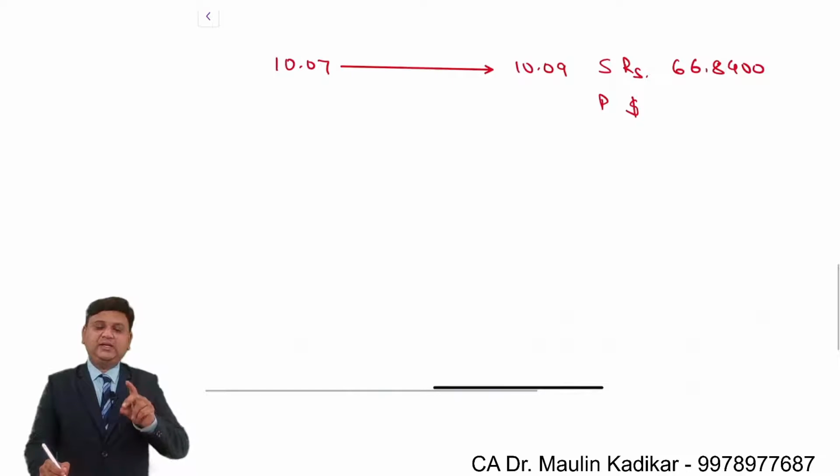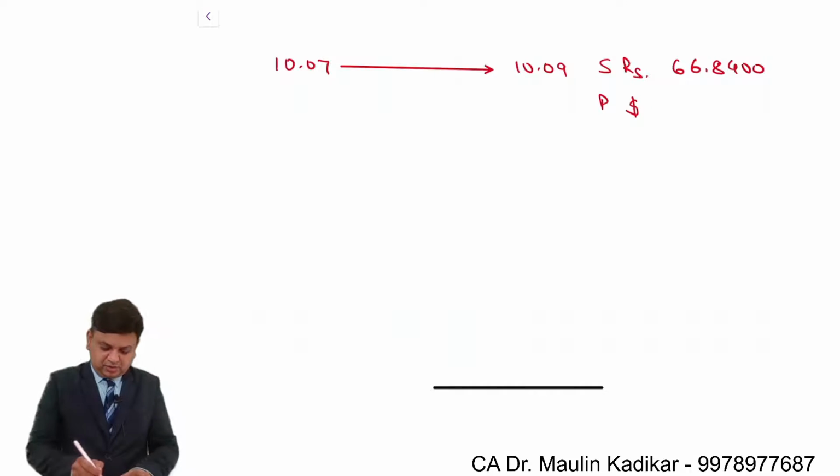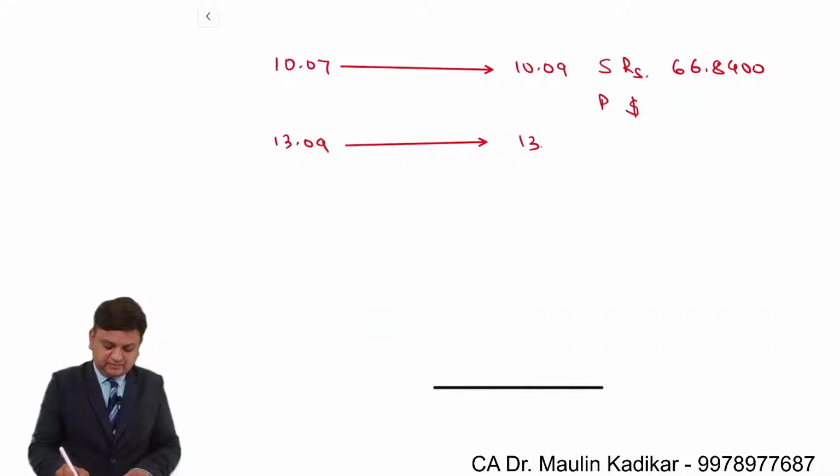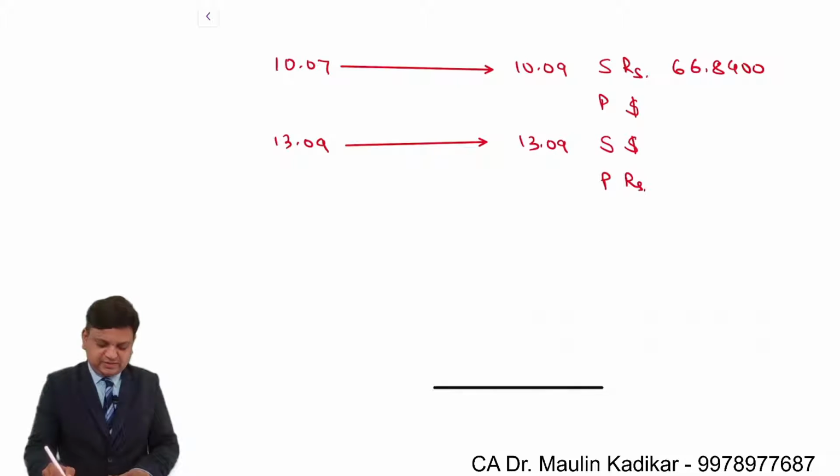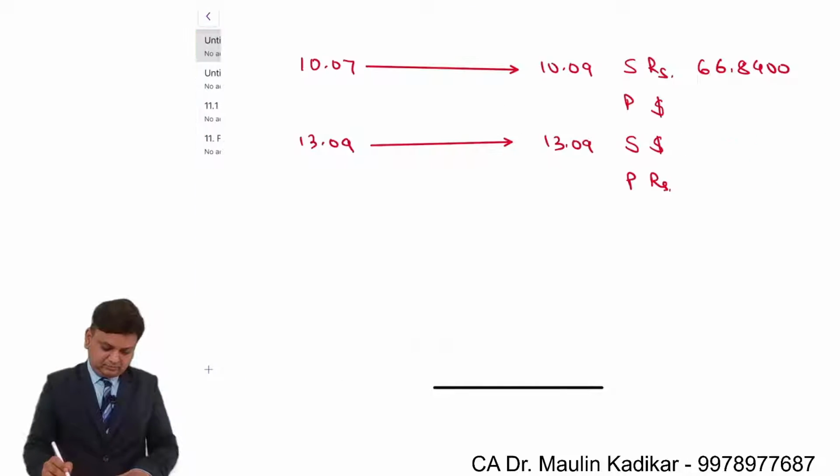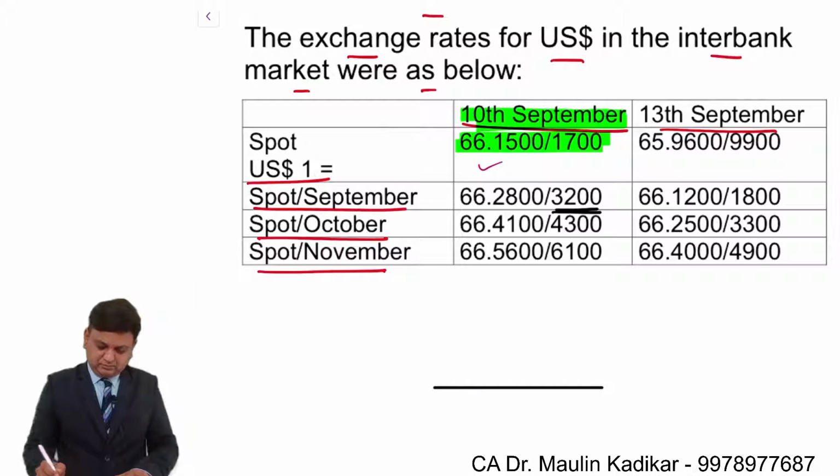You do one thing, let's say you cancel this contract. So on 13th of September, immediately you are required to cancel the contract. Sell of dollar and purchase of rupees. So on 13th of September, sell of dollar and purchase of rupees, lower rate will be available to you.